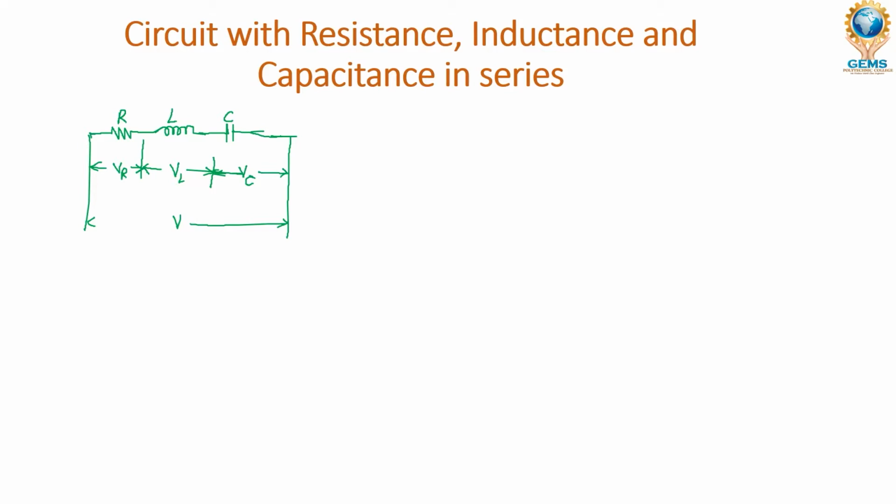We can see here in the circuit, what is the VR? VR, voltage across the resistance, is I into R. Voltage across the inductor VL equals I into XL. Voltage across the capacitor VC equals I into XC.